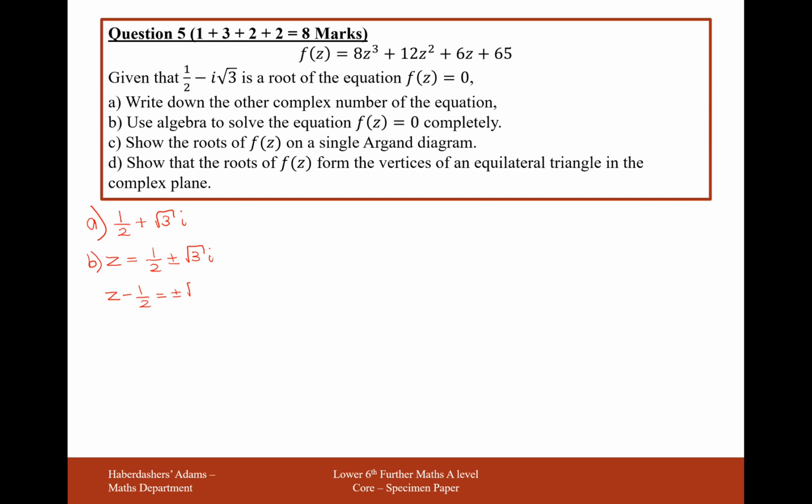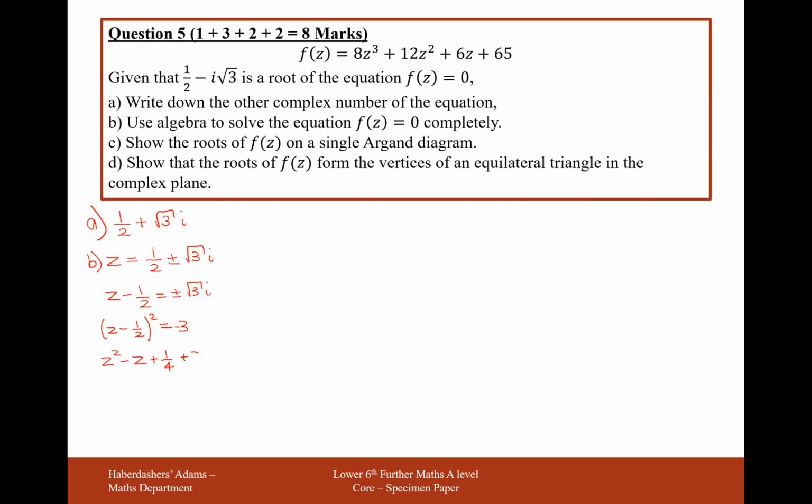So now I've got plus or minus root 3i on both sides. Square both sides, so I've now got z minus a half squared on the left. And if I square the right hand side, the plus or minus will disappear. Squaring root 3 will give me 3, and squaring i will give me a minus 1. So it's minus 3.